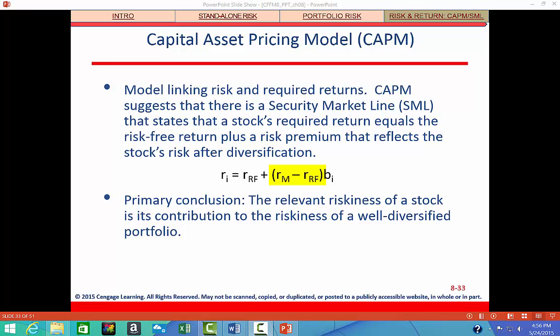And that's just the return on the market minus the risk-free rate. We'll look at this formula a lot and calculate a lot of required rates of return using this CAPM equation. So that's really what the R is. It's the required rate of return for a stock.